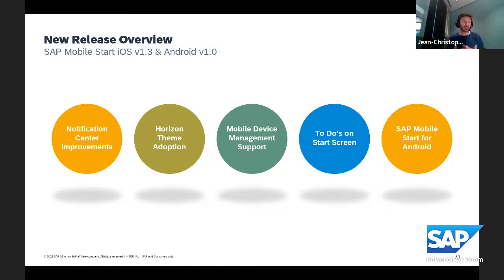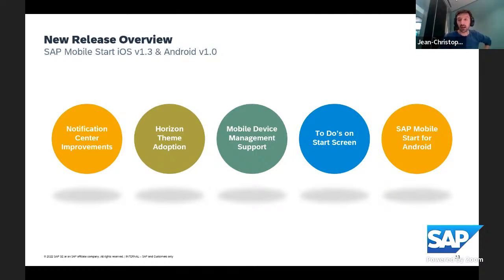Something else that was very much asked for by our customers is mobile device management. We'll come back to that and explain how it can simplify the way you configure and benefit from SAP Mobile Start within your company. Last but not least, there is also some improvement on the to-dos.